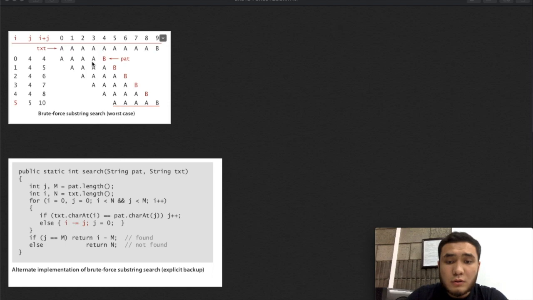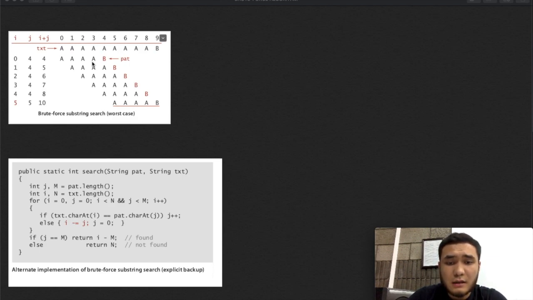It points to the end of the sequence of already matched characters in the text, where i pointed to the beginning of the sequence before.